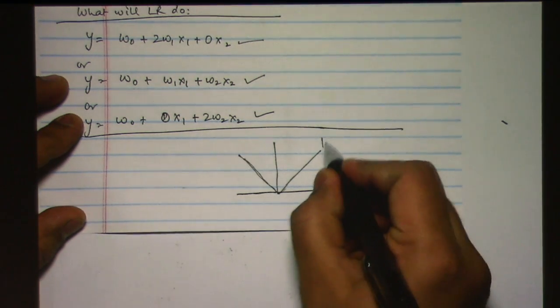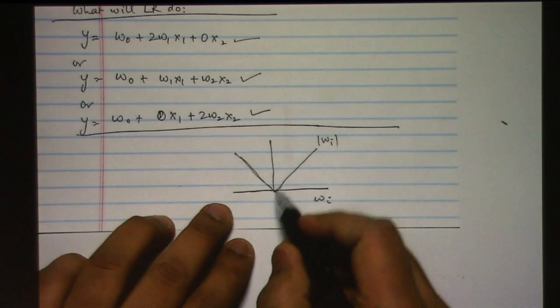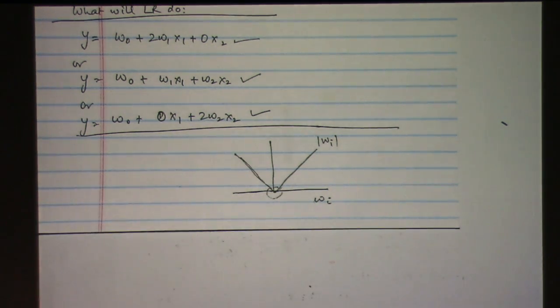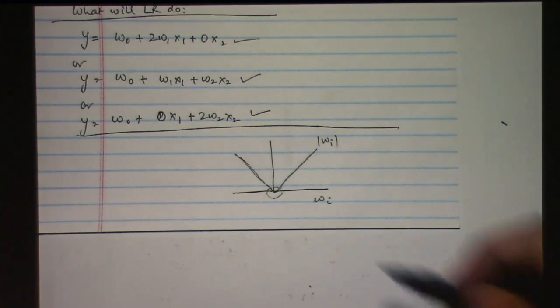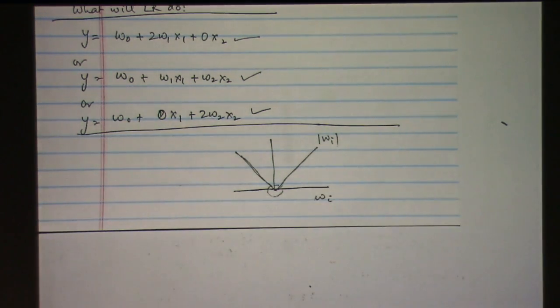This is mod of Wi. The problem is that at 0 the derivative is not defined, because if you're coming from this side it's going to go this way, and from this side it's going to go that way. So it's not straightforward to apply gradient descent or set the derivative to 0 to solve the lasso.